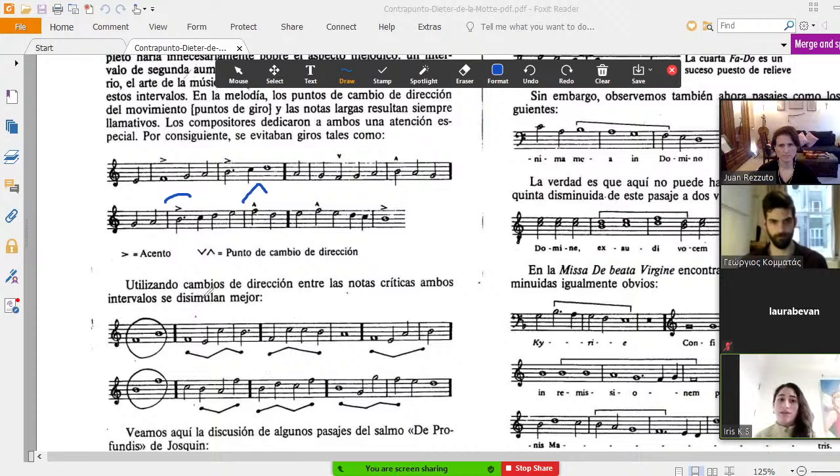It starts to change the direction. And the B is on a longer note. Absolutely. And then the F is on the strong metric position, not longer, but it changes direction. So that is one thing.